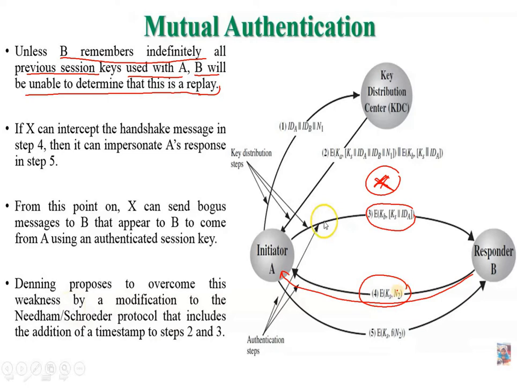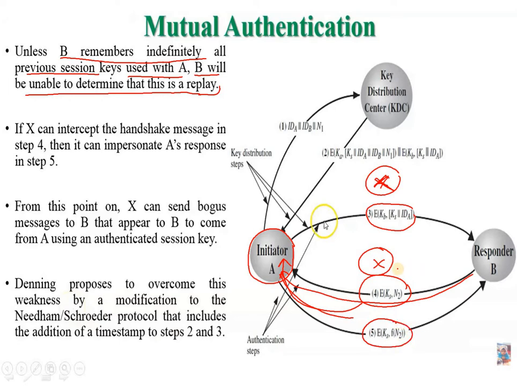Okay. And this copy will be shared to initiator A. Again, initiator A now thought that this message is from responder B. Actually, the message is sent by the opponent X. Now, again, it will reply back to B in the fifth step.